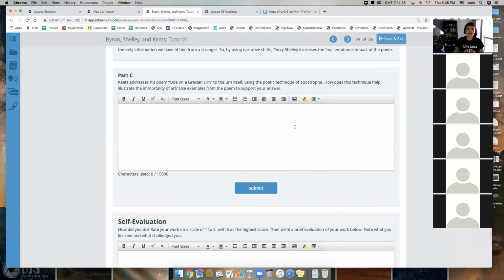Okay. And then we have Ode on a Grecian Urn. So this has definitely, there's a word, allusions. An allusion to something is usually literary or biblical when we think of allusions. So an allusion, not illusion with an I, allusion with an A. An allusion is a reference to something that is considered well-known, something that people would generally be familiar with.